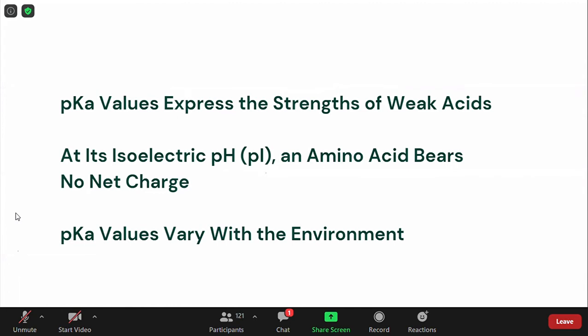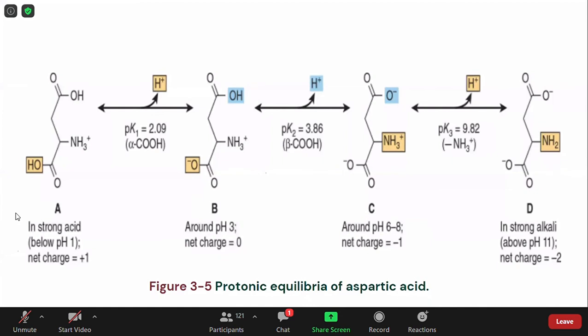Now, what is isoelectric pH or PI? The pH at which an amino acid bears no net charge. Going back to this, where is the PI of aspartic acid?